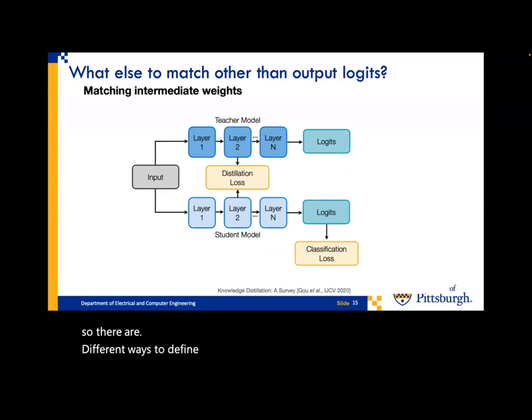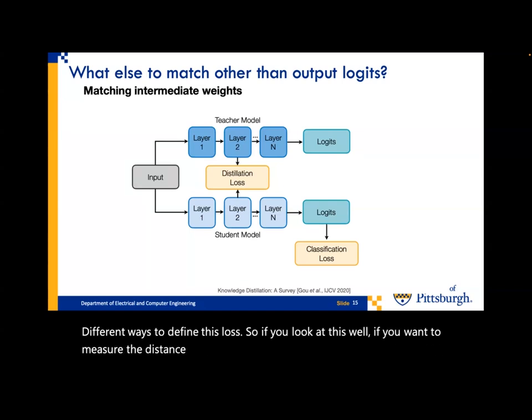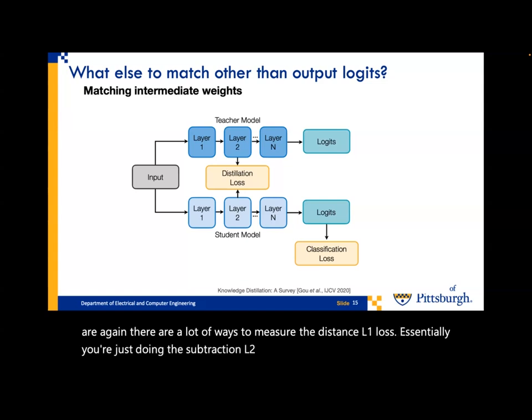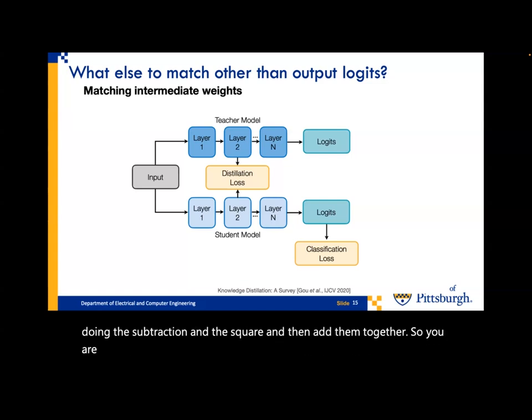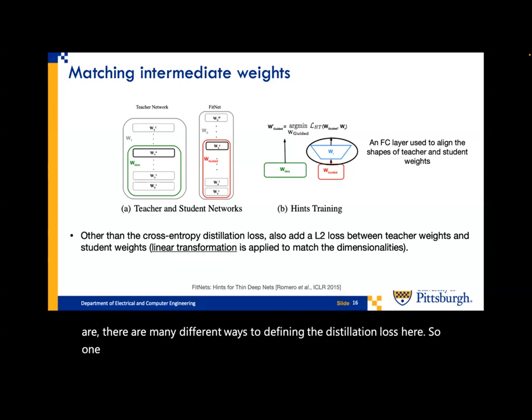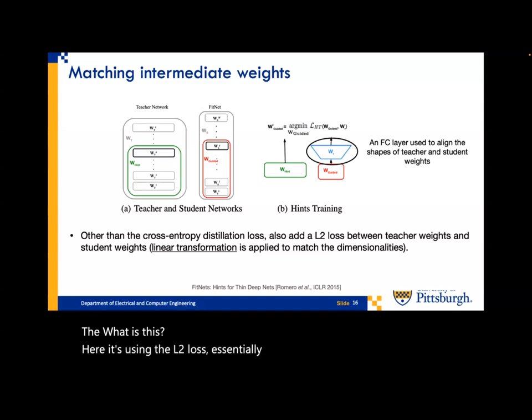If you want to measure the distance between two matrices or two vectors, there are a lot of ways to measure the distance. L1 loss, essentially you're just doing the subtraction. L2 loss, essentially you are doing the subtraction and the square, and then adding them together. So there are many different ways of defining the distillation loss here. One way is presented here, using the L2 loss: subtraction and square, then add them together.